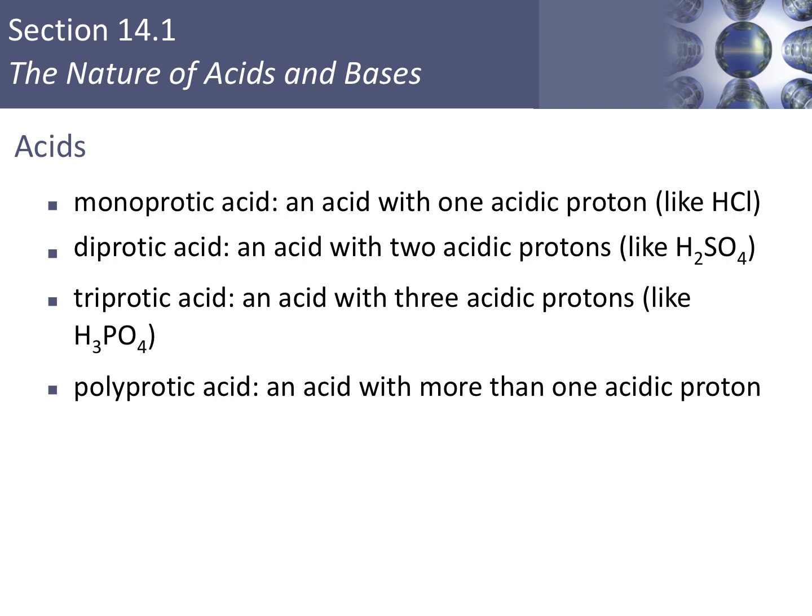So something like HCl would have just one hydrogen ion or proton. Mono means one. Diprotics would have two, like H2SO4. And triprotic would have three, like H3PO4. Diprotic acids and triprotic acids are under the umbrella of polyprotic acids. So poly, again, meaning more than one.